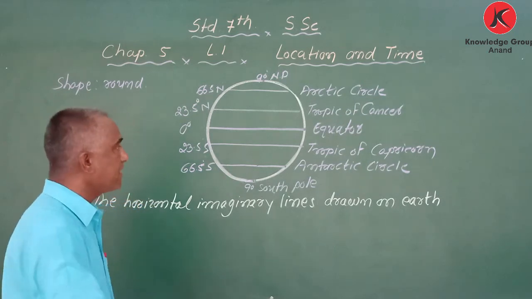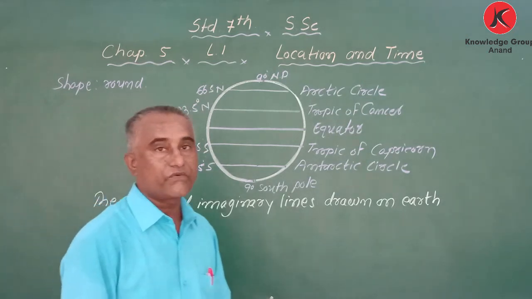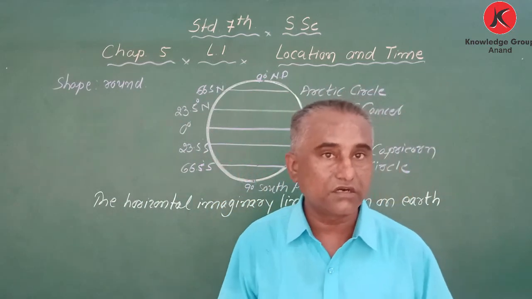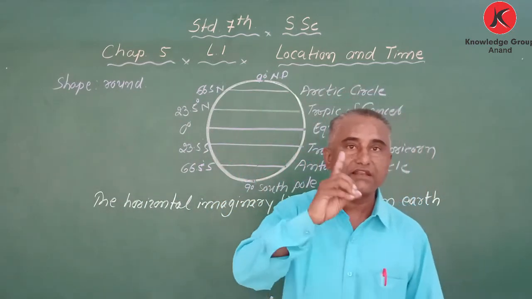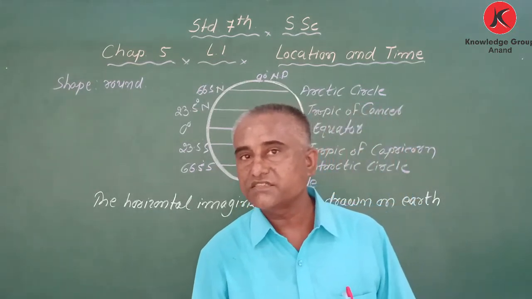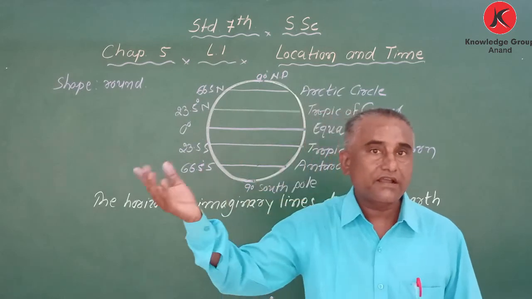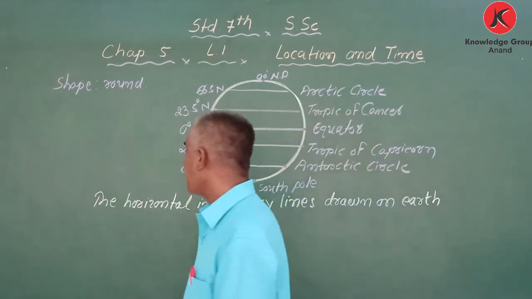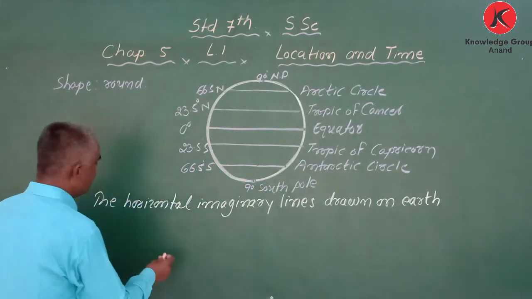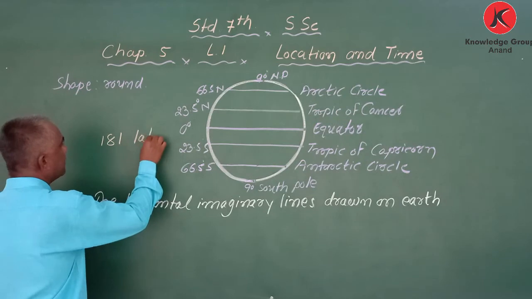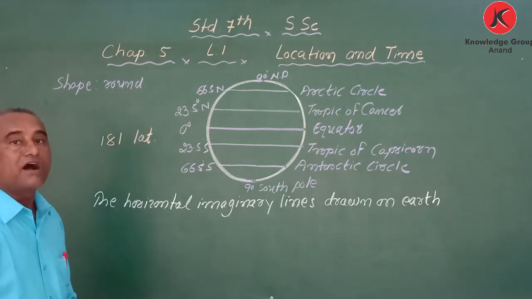My dear student, if I ask a question, how many latitudes are there on Earth? What would be the answer? Can you tell me? Last year I explained. Okay, correct. There are 181 latitudes. How?